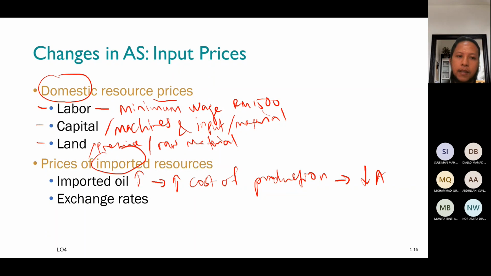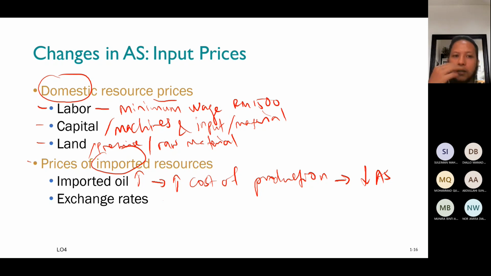Okay, and another part which we mentioned just now is the exchange rate. If you are a business and you are buying raw material from overseas, for example from the United States, and the ringgit depreciates, then the cost of production also will influence the supply.